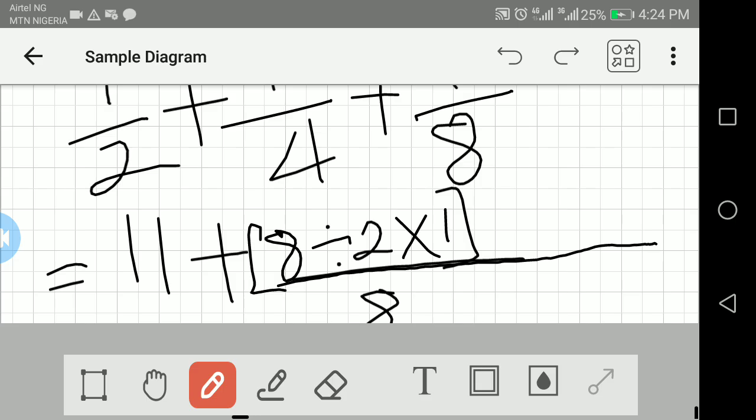Bear with it. So whatever we do here, the same thing with 4. There's no space for me to continue. Okay, let's carry on, no problem. I will just need to shift the board.